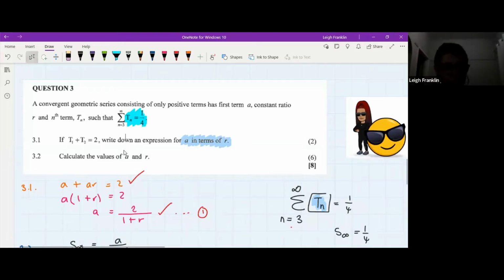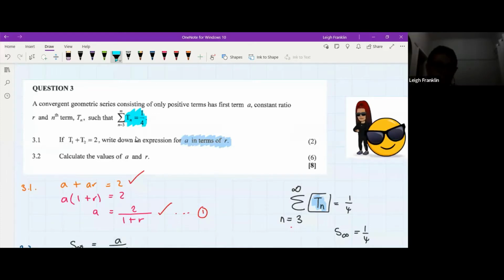Okay, now that we're looking at this, I actually got a different interpretation using exactly what they gave us. So they said to us, the sum to infinity from n equals 3 is 1/4. But this time we're using a series as in Tn.